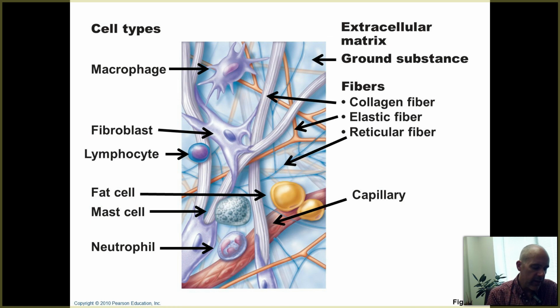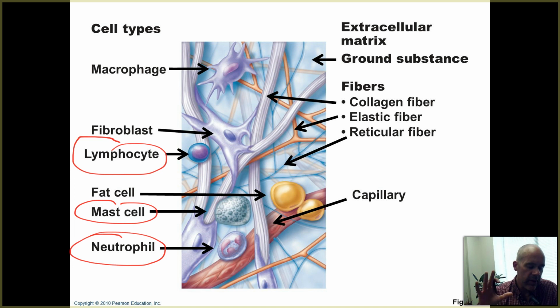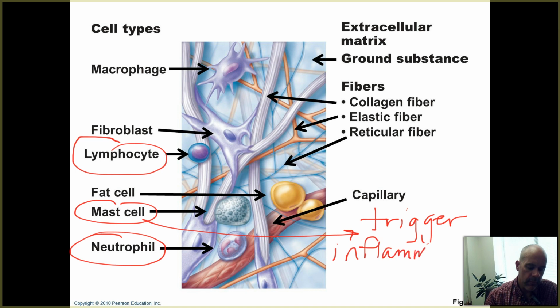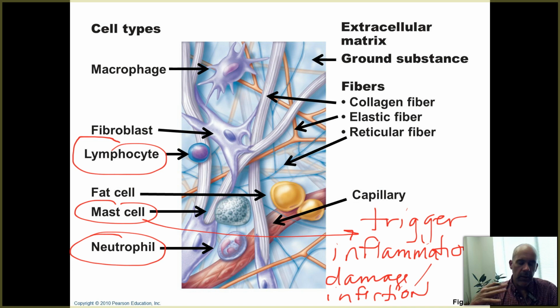The other cell types you see here, lymphocytes, mast cells, and neutrophils are all involved with fighting infections and also with inflammation. Mast cells help trigger a process called inflammation when you have damage or an infection. Those cells detect that. Like if you had a cut in this tissue, those mast cells detect the cut and they send these chemical signals out to trigger inflammation.